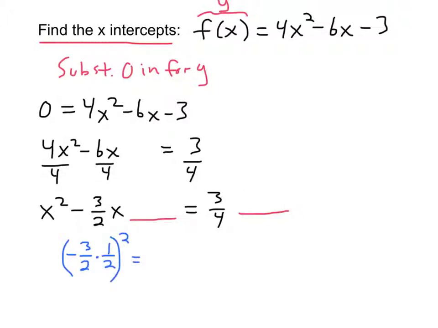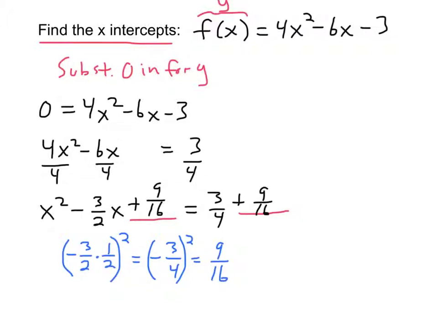So that would be negative 3/4 squared would be positive 9 over 16. So that's what we're going to have to add to both sides. So plus 9 over 16 here, and plus 9 over 16 over here.